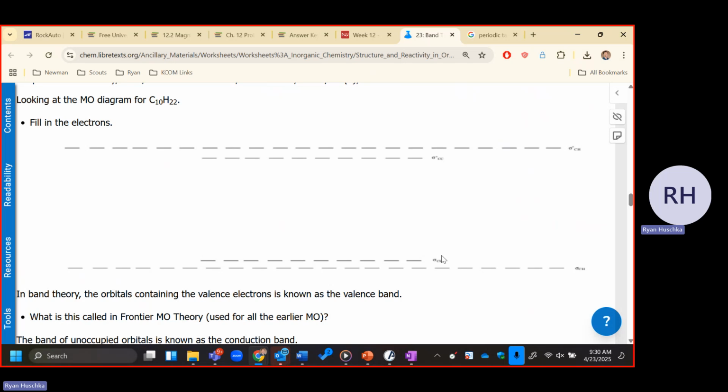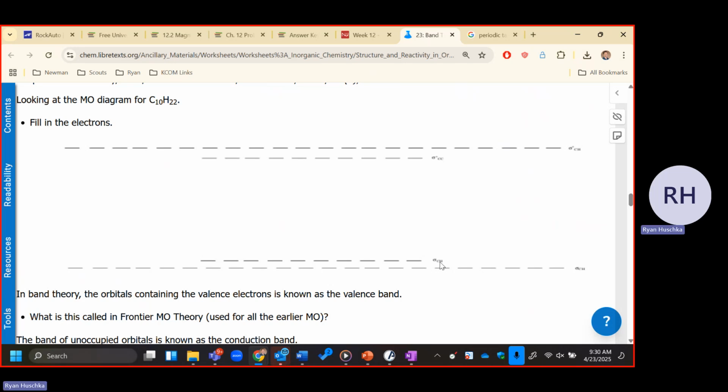Because if you think about how many single bonds there are going to be between carbons in something that has 10 carbons, you should not have 10 right there. You should have 9 single bonds. In my opinion, it probably should only be 9 there.